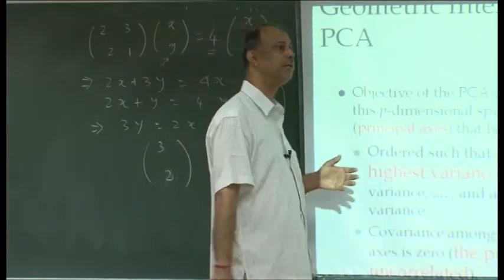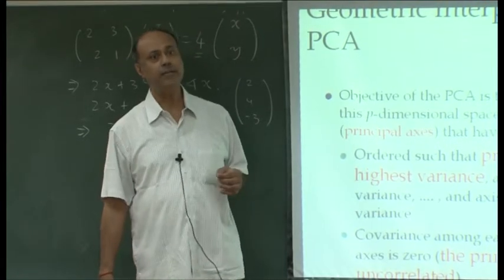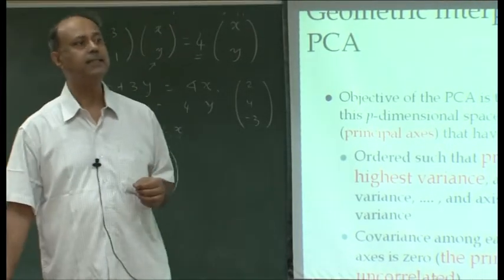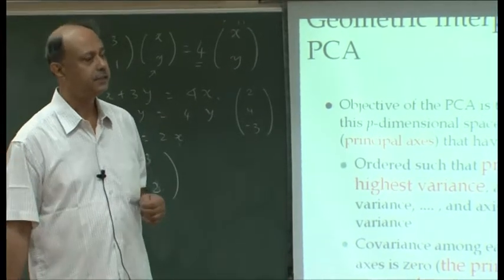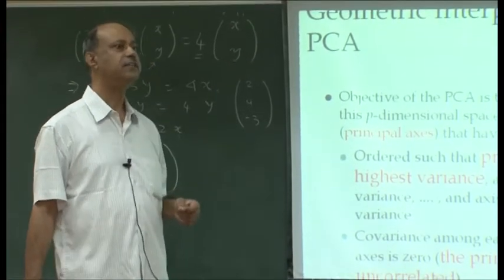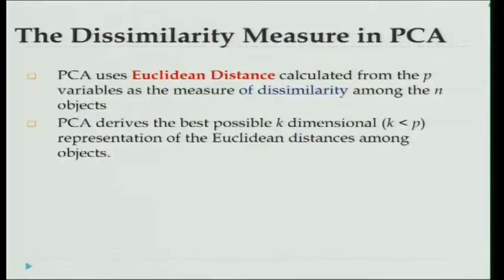The highest one will be your principal axis 1, then the next one, and so on. Also you have to select these axes in such a way that they are perpendicular to each other. Right? Principal component I is perpendicular to principal components 1, 2, 3, and so on. So principal axes should be perpendicular, that is, orthogonal.